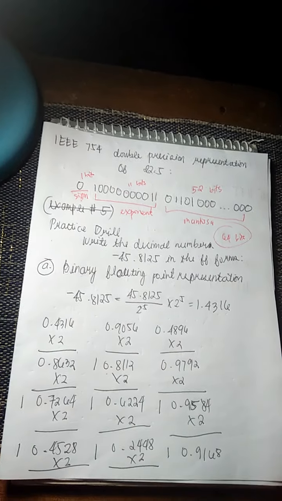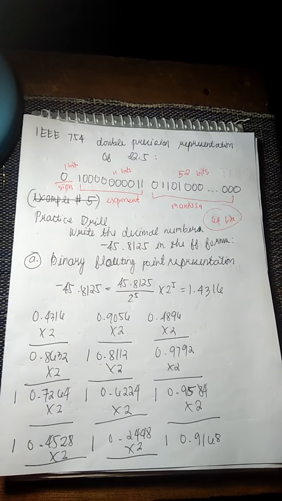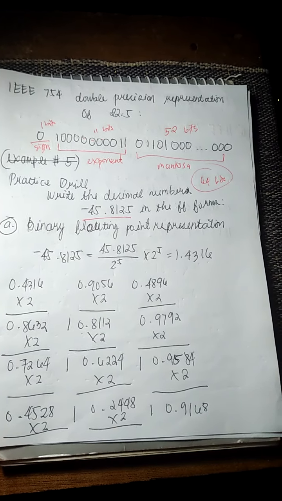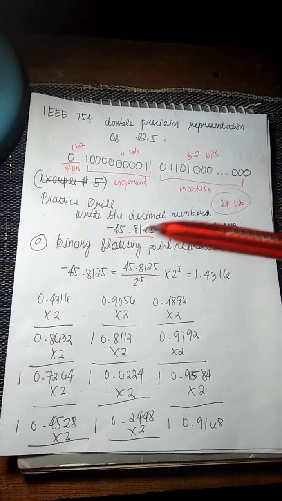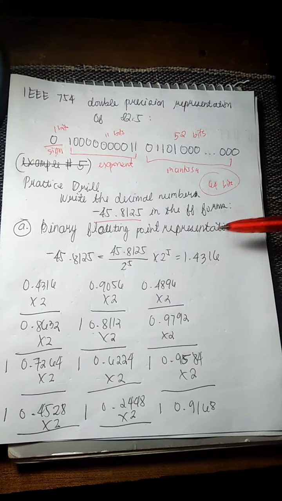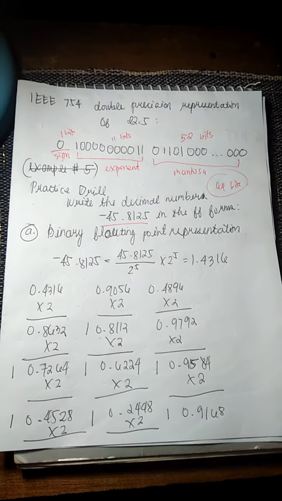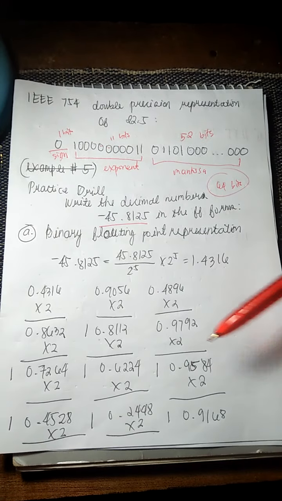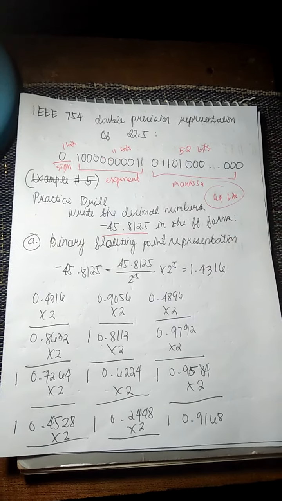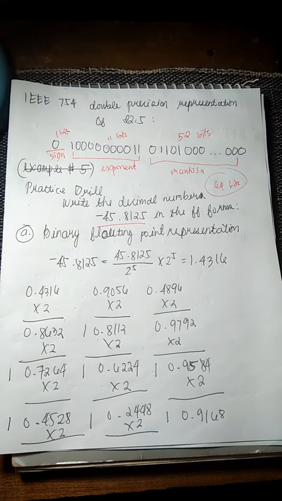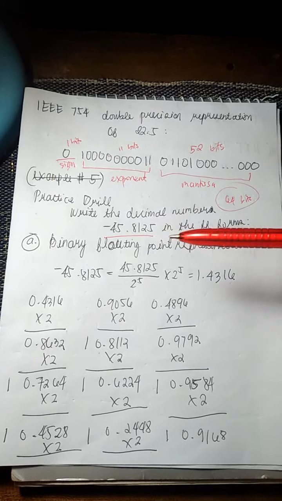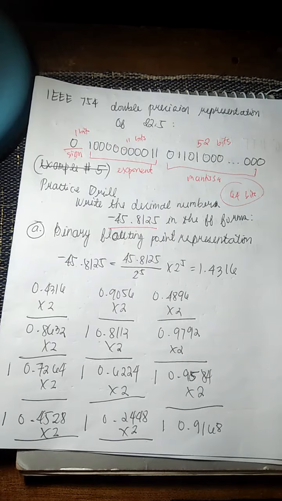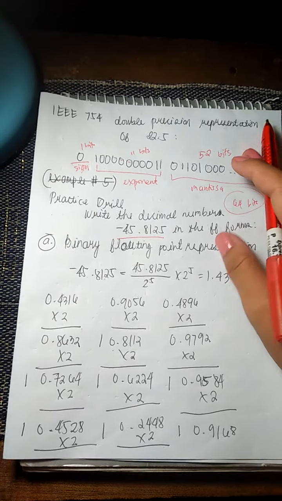So let's have another example. Write the decimal number negative 45.8125 in the following forms. First, we will get the binary floating point representation of this decimal number. The very first step is normalizing the number with respect to the largest power of 2. Since it is negative, our sign is 1.